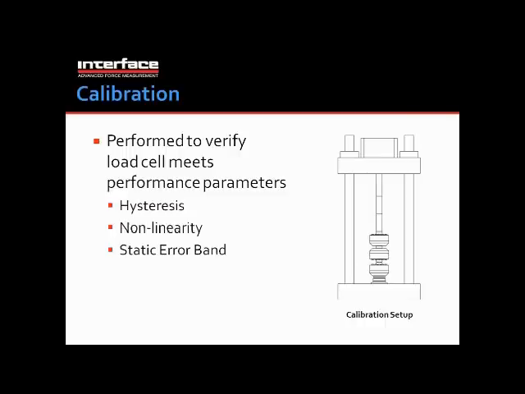And there are 3 critical parameters that need to be met before we are done with the assembly procedure of the load cell. They are the hysteresis, the nonlinearity, and the static error band, or SEB.